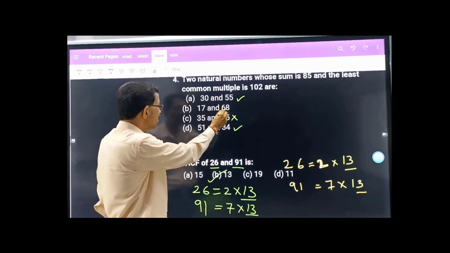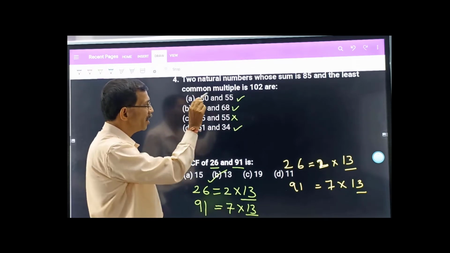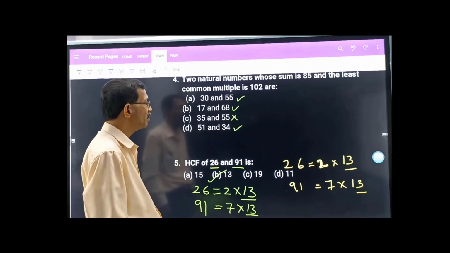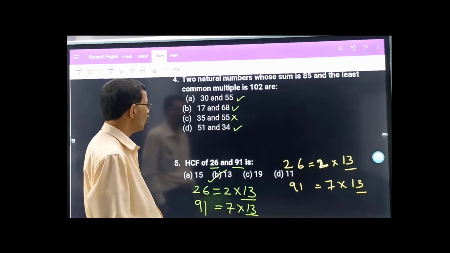And 17 plus 68, this sum is becoming 85. And the common multiple is 102. So let us check.